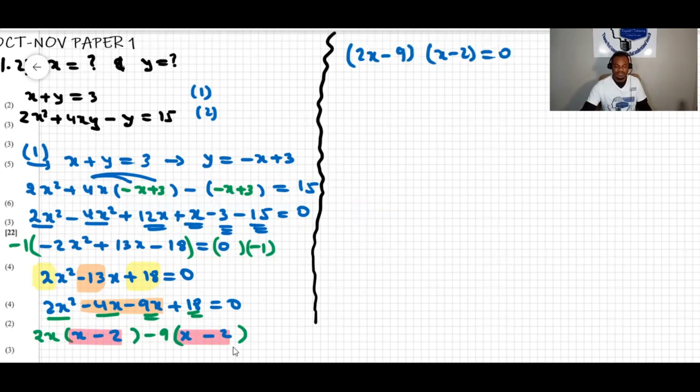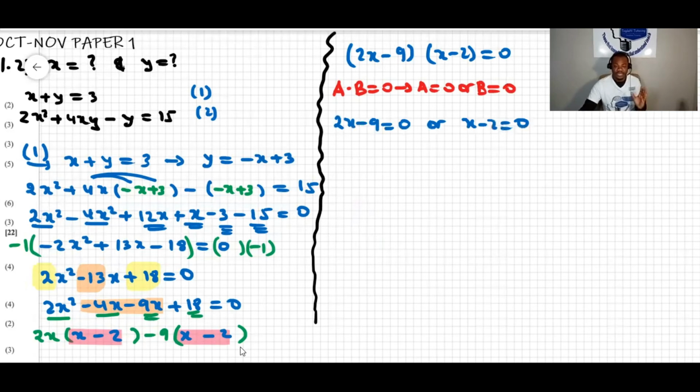This means, according to the law of multiplication, when we have a times b equals 0, this implies that a equal to 0 or b equal to 0. So we will do 2x minus 9 equal to 0, or x minus 2 equal to 0.